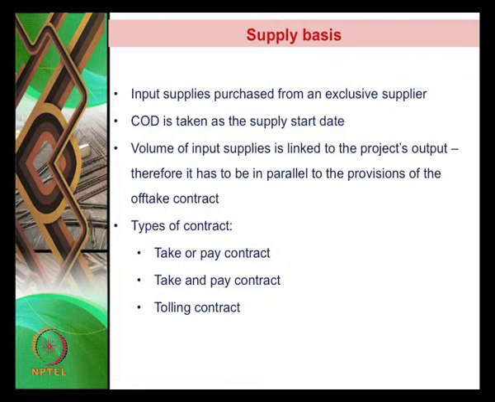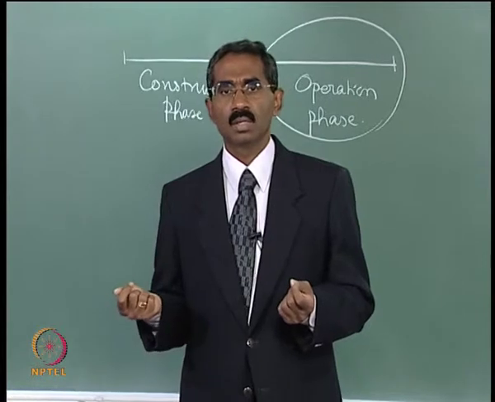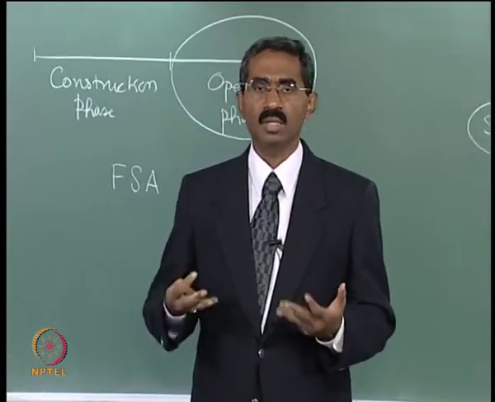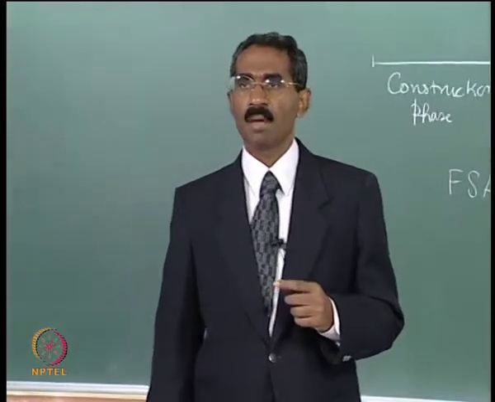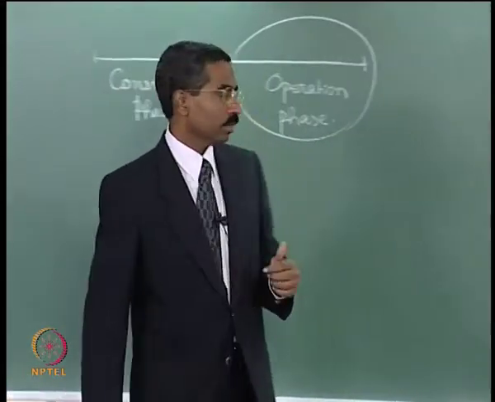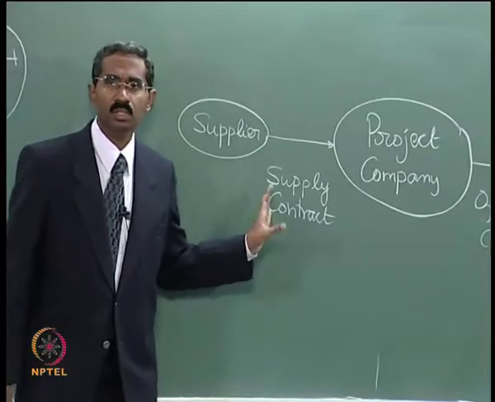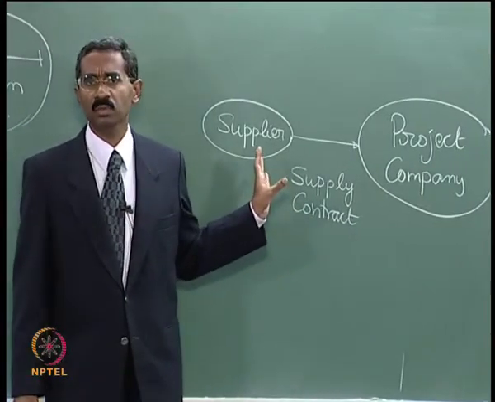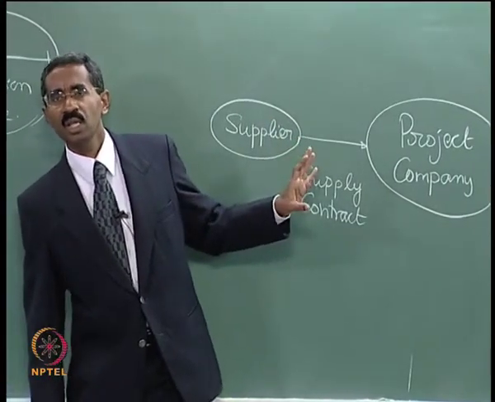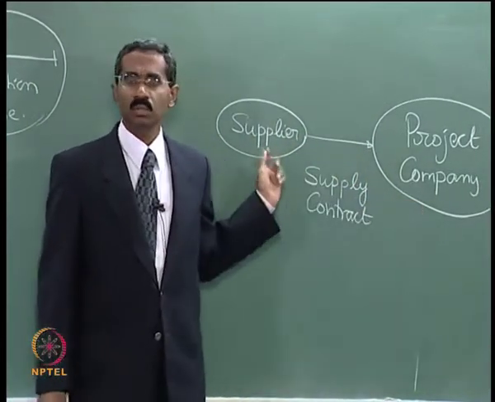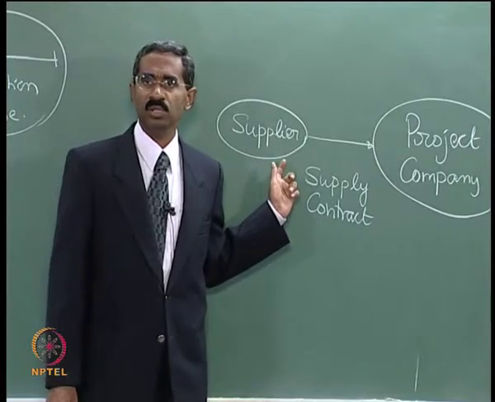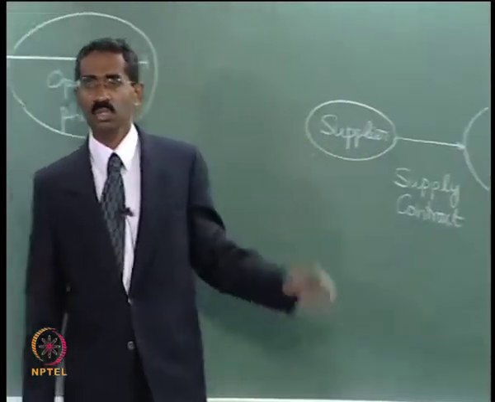If there is any delay in the completion date and the date of operations, the project company will then have to make some compensation payments for the supply contract, because the supply contractor would have made some investments, and if there is a delay he needs to be compensated for this delay. So therefore the project company will have to pay some damages or compensation to the supplier.